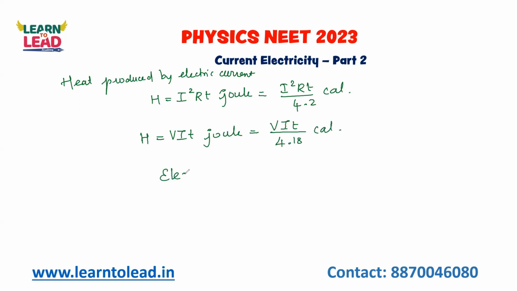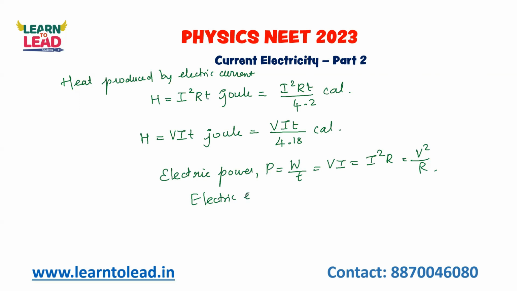And electric power, what is electric power? P is equal to work done by time taken, so V into I, which is equal to I square R, which is equal to V square by R. This is the formula for electric power. And electric energy, W is equal to power into time, so VIT, which is equal to I square RT.